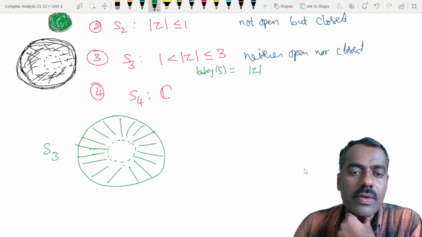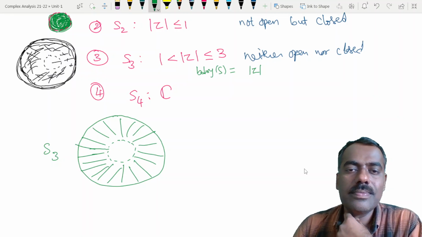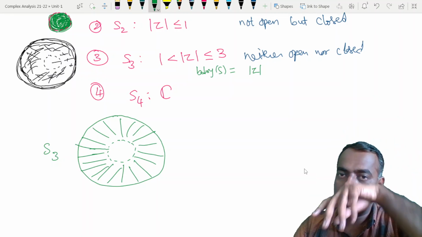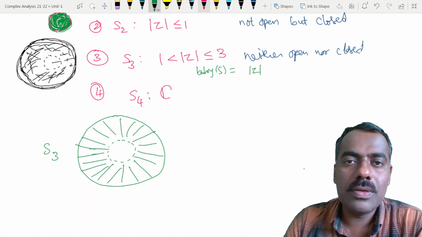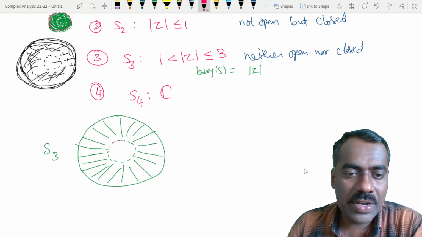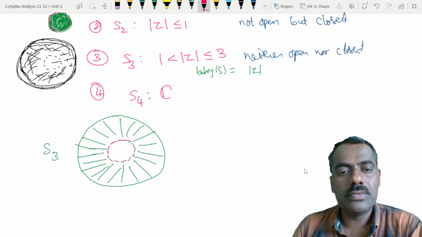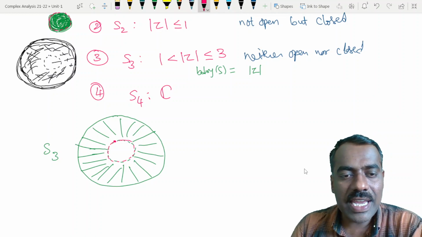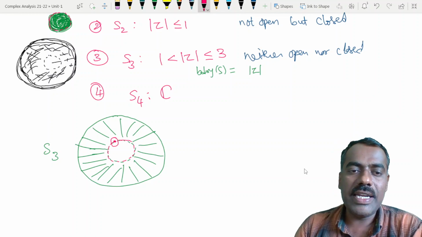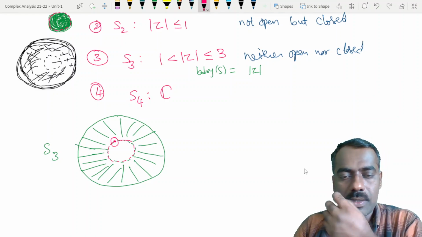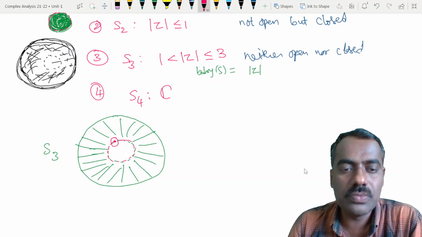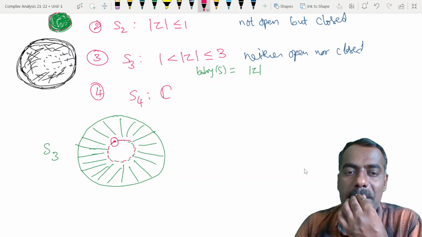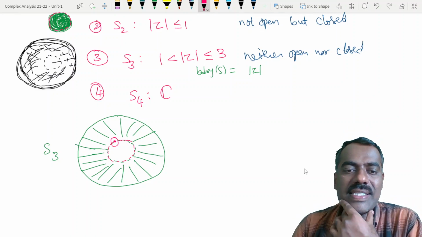So whatever you are, this one, this is a boundary. Yes or no? Because if I take a point on that, however small the neighborhood is, it intersects S as well as its complement. Yes or no?